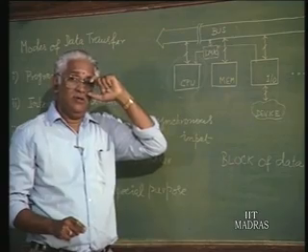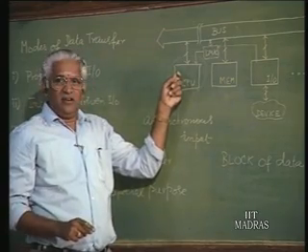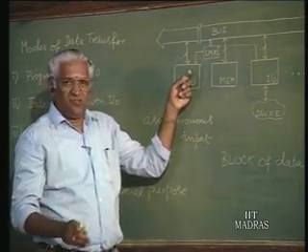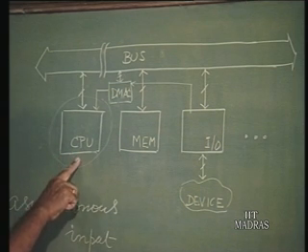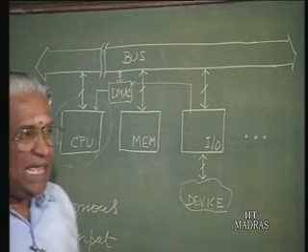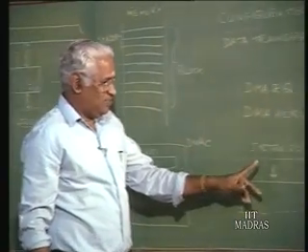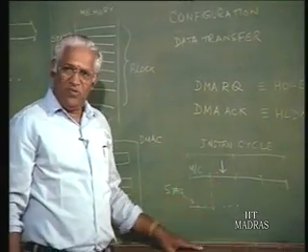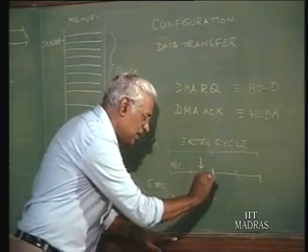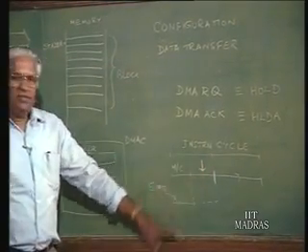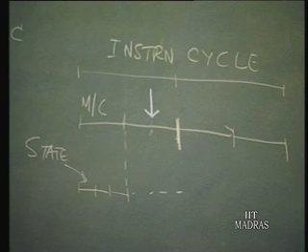That means the register contents, whatever is there in the stack, everything is going to remain intact with the CPU. That is, the processor state is not disturbed. Agreed? So, unlike interrupt requests, in the case of a DMA request, the CPU can relinquish the bus at the end of the current machine cycle. Is it not?